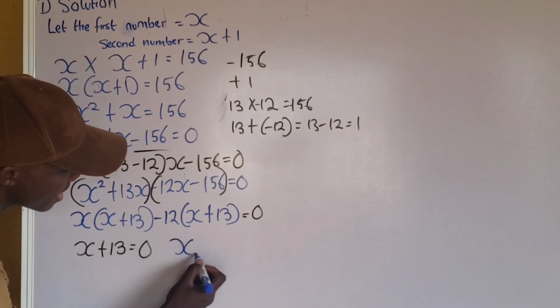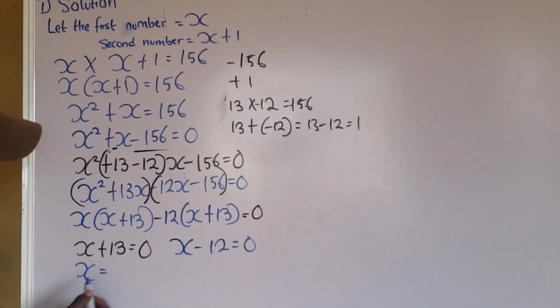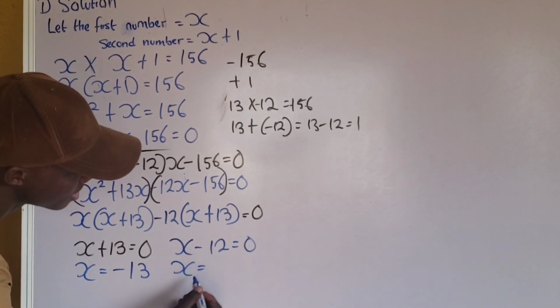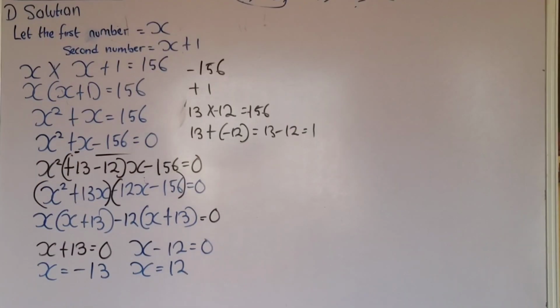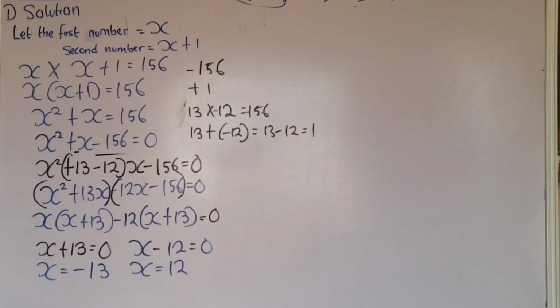So I'm going to have x minus 12 equals 0 as well. Now x will be equal to, if this 13 crosses the equals sign, it's going to change to negative. That is negative 13, and x is equal to 12 as well. So the two numbers are negative 13 and 12. You understand? So that is the solution to that question.